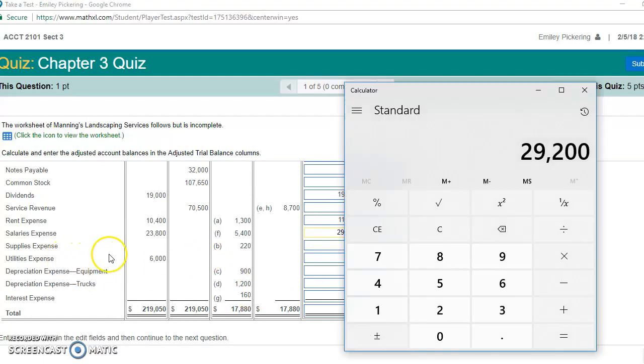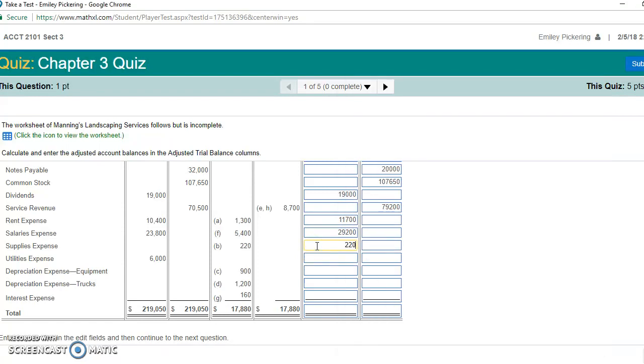Now, supply expense, I started with nothing and then I debited 220. Utility expense, I didn't change that. And then depreciation expense, I added 900 with starting at 0. Depreciation started with 0, added 1,200, and interest expense 160. Okay, so that should help you on that one on how to add all those together.